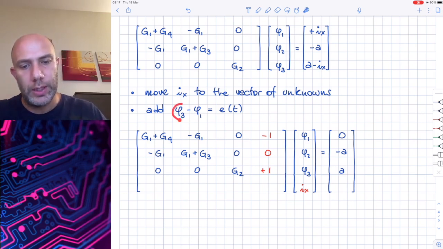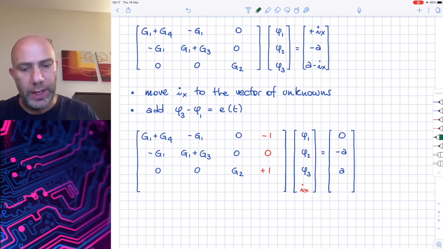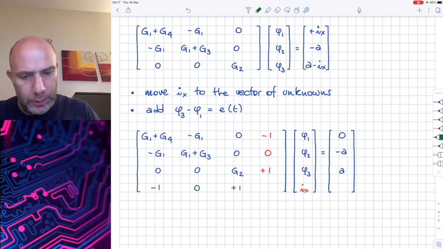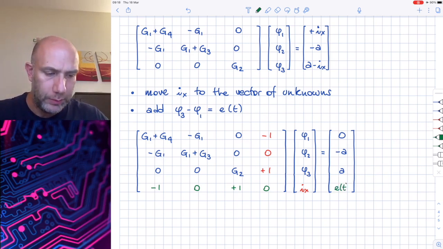The equation is this one. We have the coefficient minus 1 that multiplies the scalar potential phi 1, and the coefficient plus 1 that multiplies phi 3. So we have -1, 0, +1, 0, and this value equals E of t.